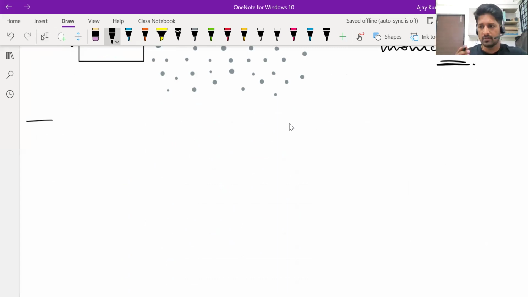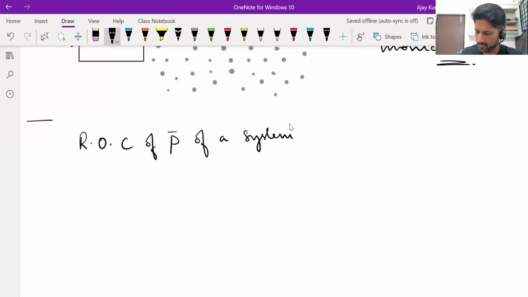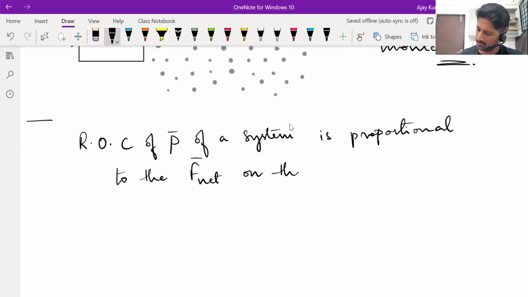So Newton's second law states that the rate of change of momentum of a system is proportional to the net force acting on the system. So how quickly the momentum of a system changes depends on how much resultant force is acting on that system. That is Newton's second law.